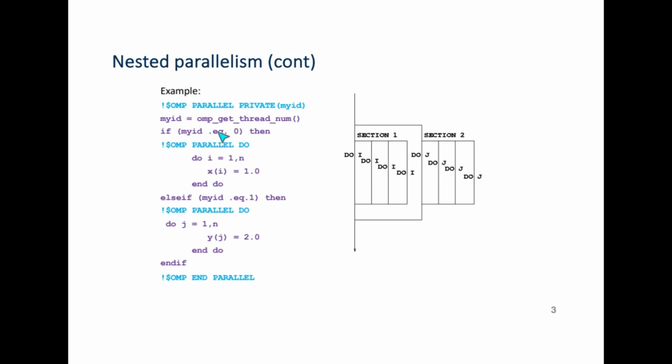Then thread 0 is going to encounter a parallel do. So that's another parallel region. So it will create some threads, say 4 threads, to share out the iterations of this loop. Otherwise, thread 1 at the top level is going to create a different team of 4 threads to execute this loop.